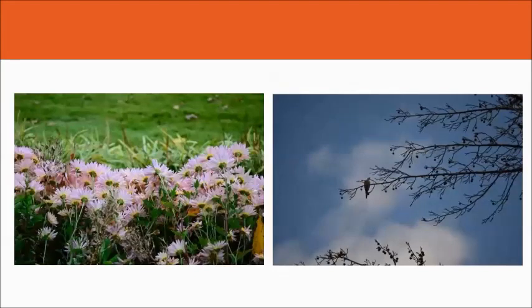And also this one. As you can observe, if the subject is within the range, the background is somewhat blurred. For the subject, which is the bird, the background seems to be blurred in the form of sky.